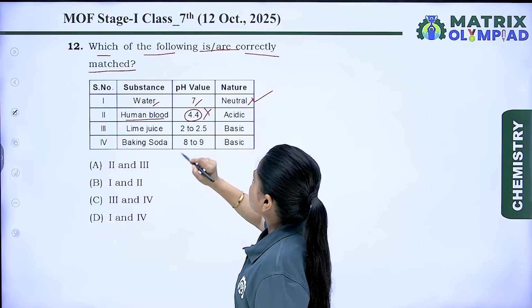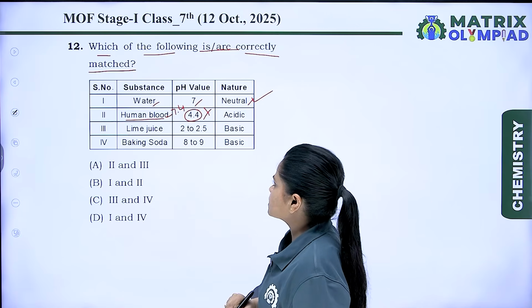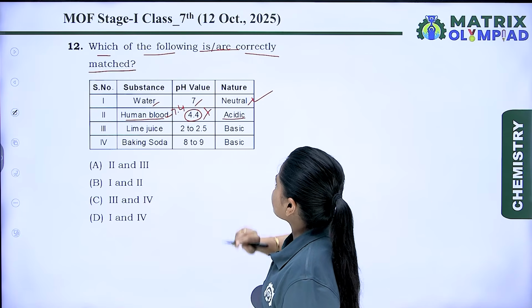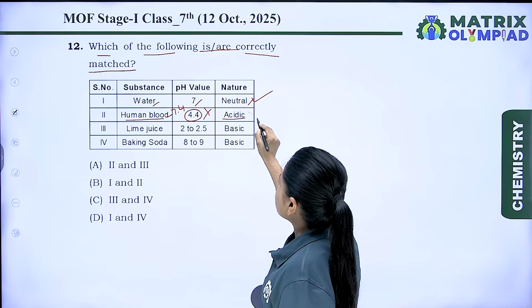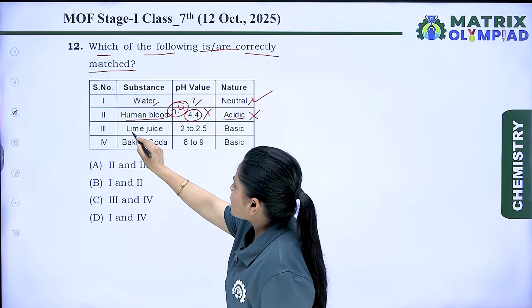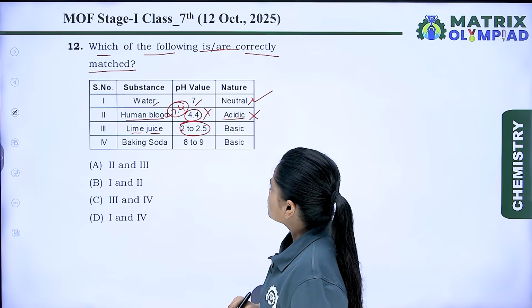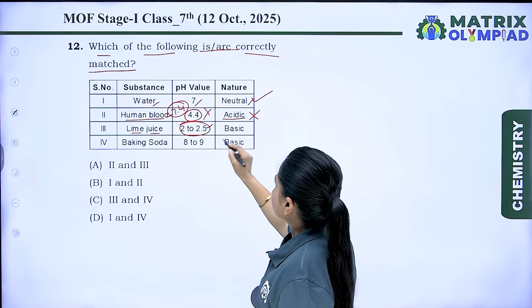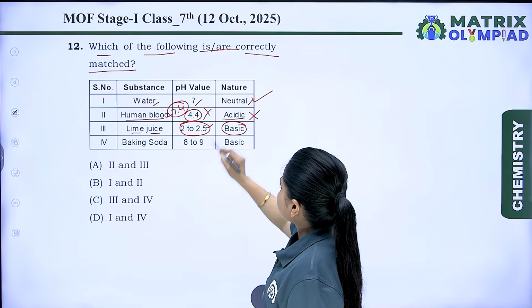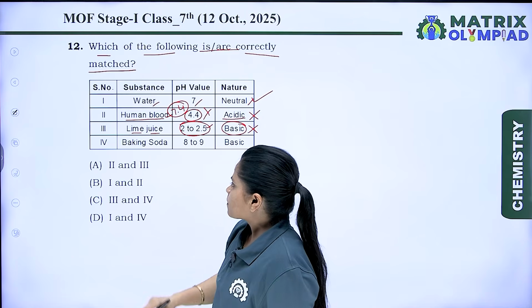This is wrong because human blood has 7.4 pH and the nature given as acidic, but human blood is slightly basic. Lime juice, the pH given between 2 to 2.5, this is correct, but the nature is given as basic, that is wrong for lime juice.